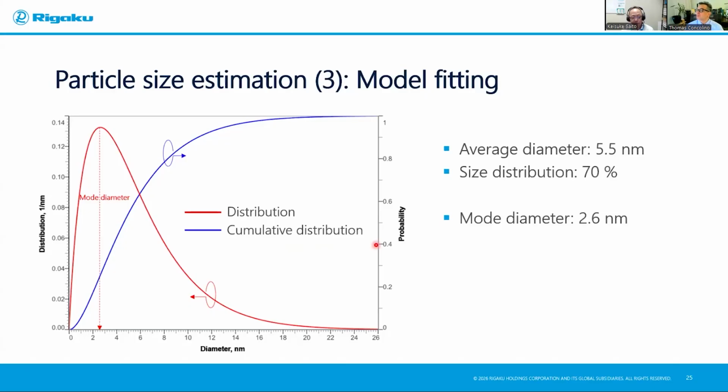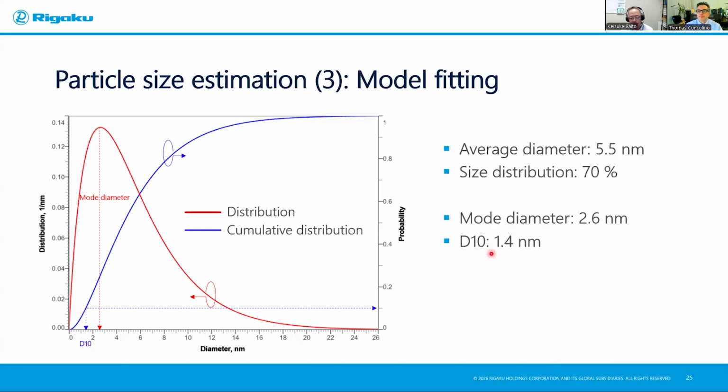For example, from the distribution profile, we get the mode diameter. The mode diameter is the peak top here, which was 2.6 nanometers. Then there are D numbers. This is for the cumulative distribution profile. D10 means the particle size up to 10% of the cumulative distribution.